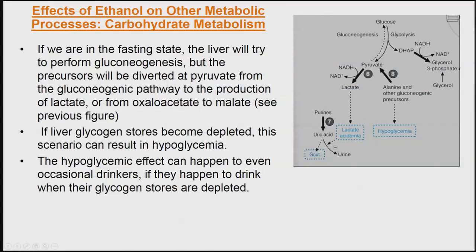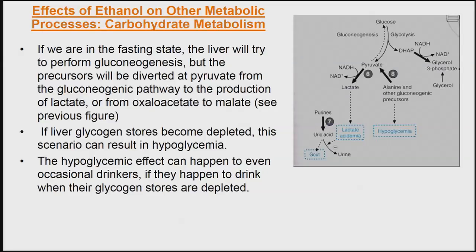Now, if we're in the fasting state, what are you supposed to do in the fasting state? Gluconeogenesis, right? The problem is the buildup of NADH will actually shuttle the gluconeogenic precursors, which could be pyruvate, or it could be oxaloacetate. If you look on the other slide, it'll actually favor the conversion of pyruvate to lactate or oxaloacetate back to malate, which was from the TCA cycle, so you can't perform gluconeogenesis.